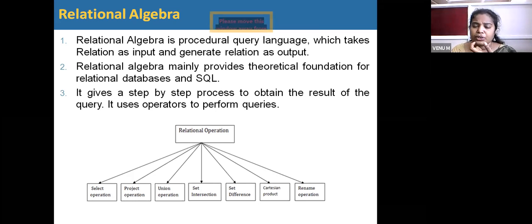A minimum of two relations, or the same relation twice, is needed for the remaining operators. Union needs two relations, intersection needs two, difference needs two, Cartesian product also needs two. If you take one relation, it can be duplicated, and then the operator will work, because these are binary operations.